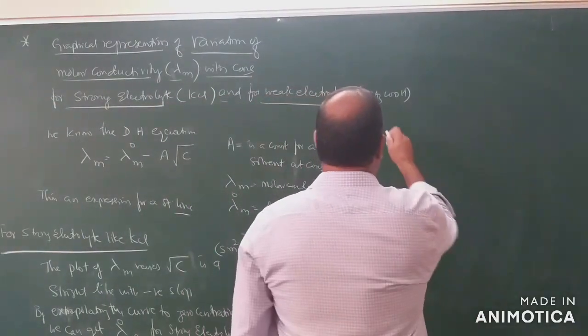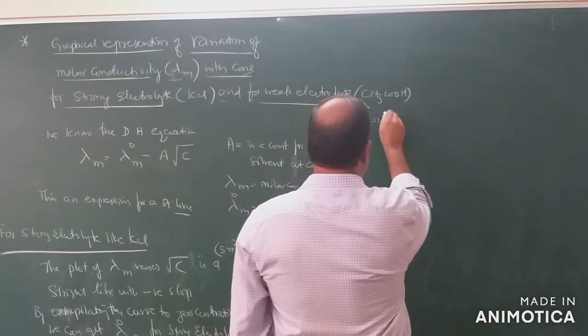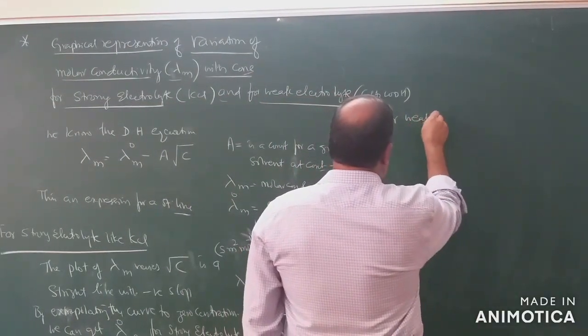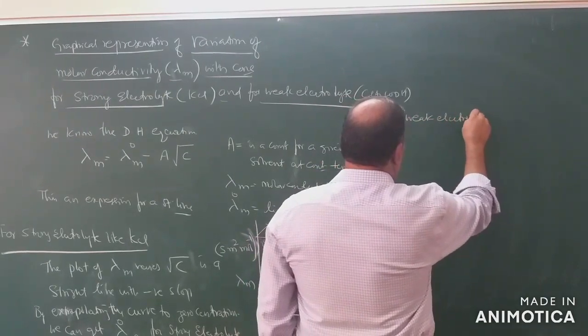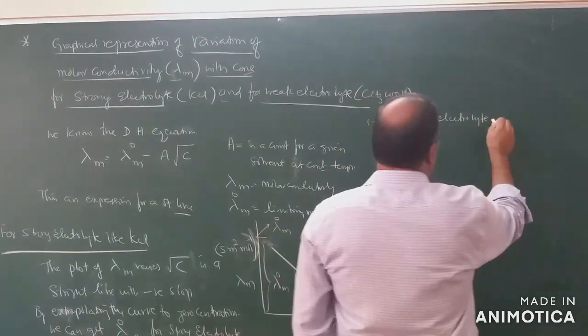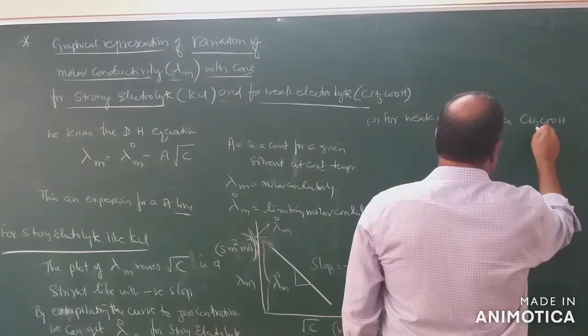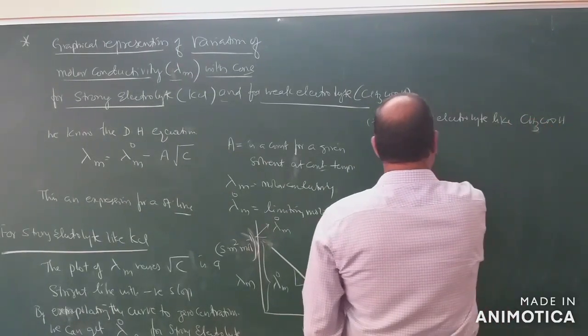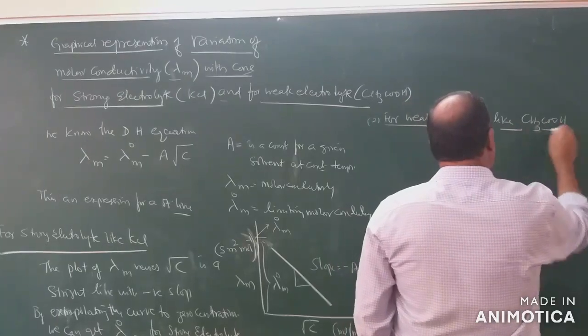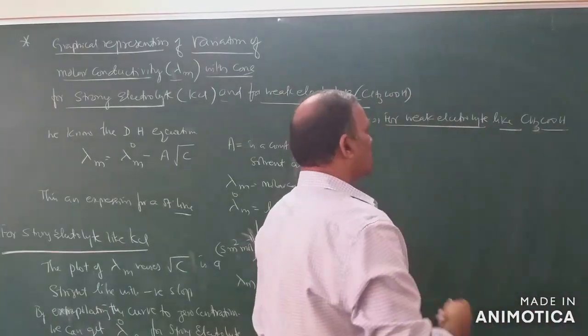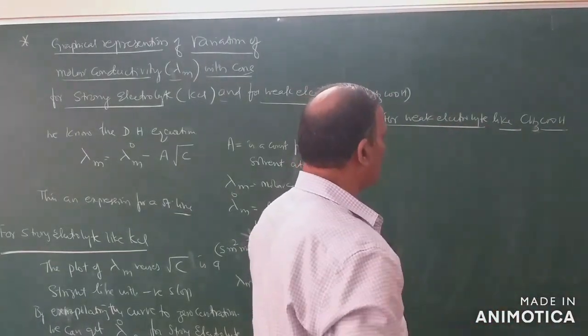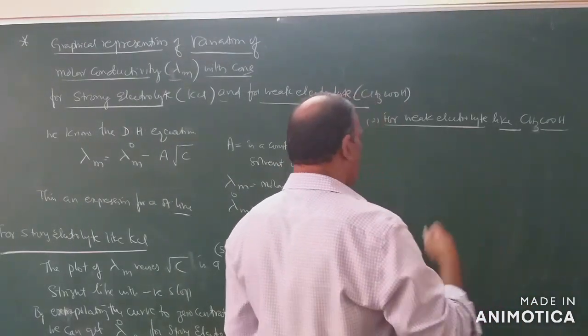Next, for weak electrolytes. For weak electrolyte like CH3COOH, acetic acid, you may ask in the examination, write lambda m versus root C curve for weak electrolyte like acetic acid. You have to do like this.